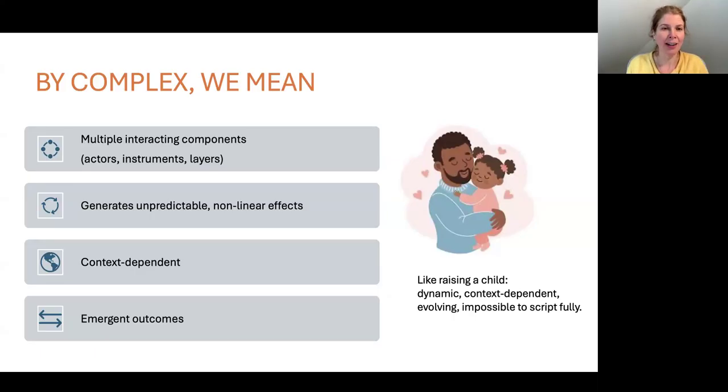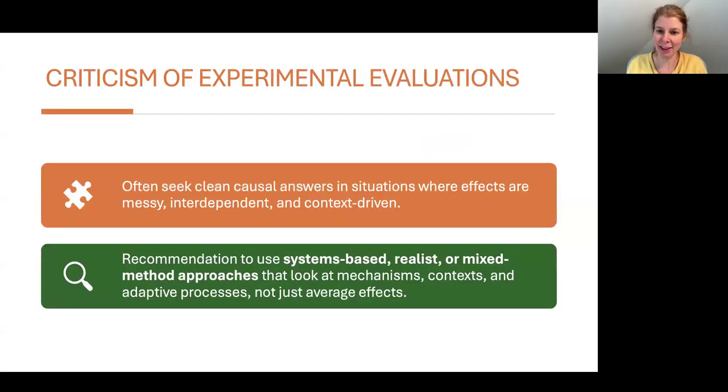So this poses a particular challenge for evaluators, and it's not a surprise that people who evaluate complex interventions are often very frustrated with experimental evaluations, particularly randomized control trials, because the perception is that these methods often look for very clean, simple causal answers in situations where the effects are, in fact, often messy, interdependent, and very context driven.